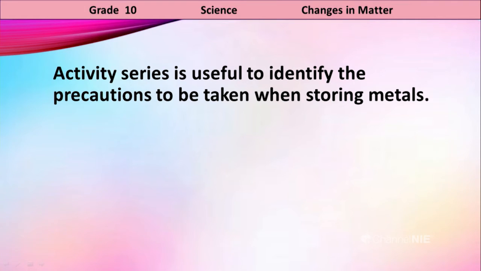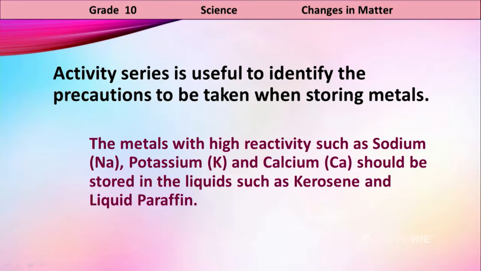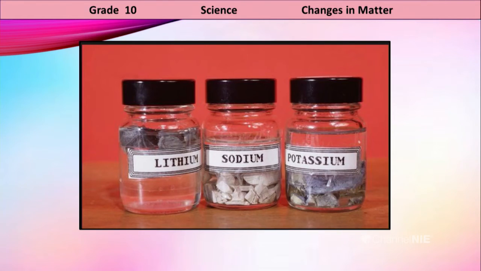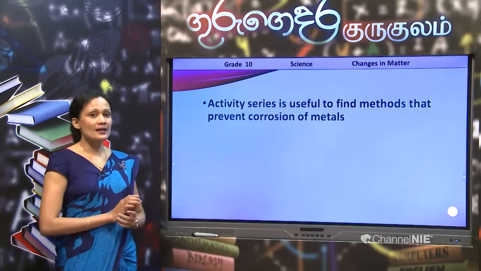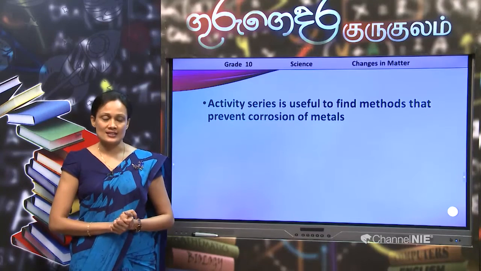That means if we consider some higher reactivity metals, we discussed earlier how they are stored. Metals like sodium, potassium and calcium, we store in liquids such as kerosene and liquid paraffin because of their higher reactivity. Okay, here you observe the picture where lithium, sodium and potassium are stored inside bottles with kerosene or paraffin wax.